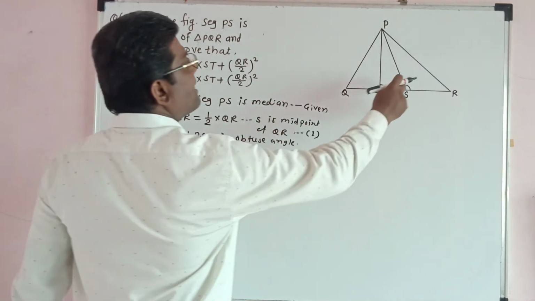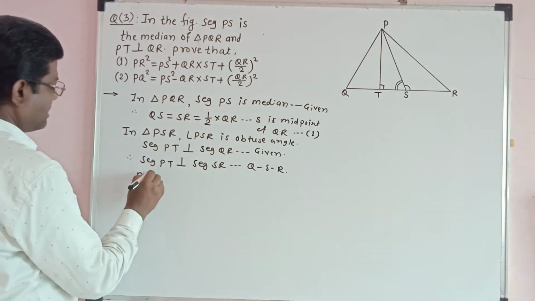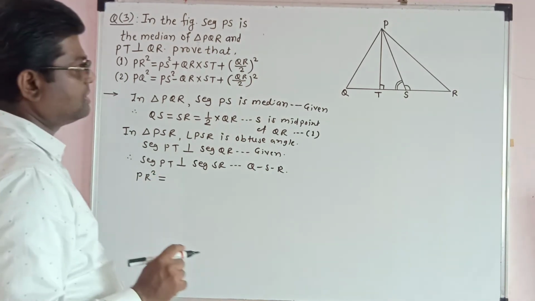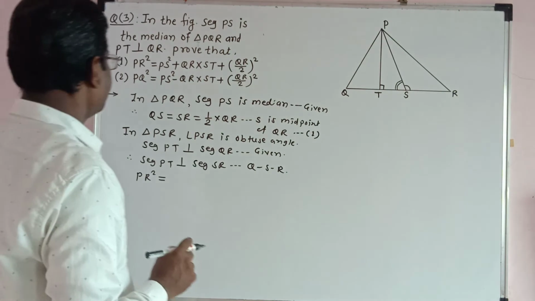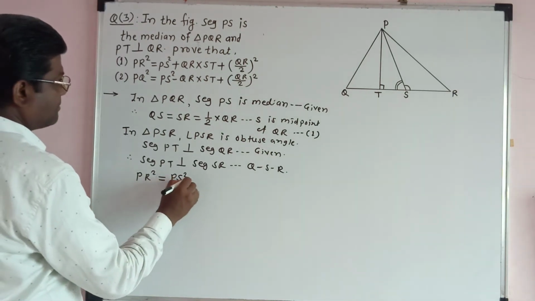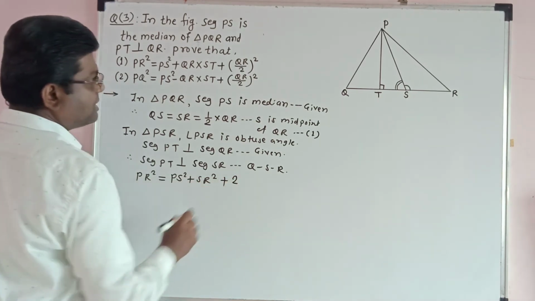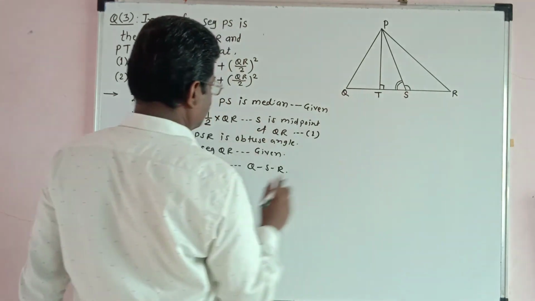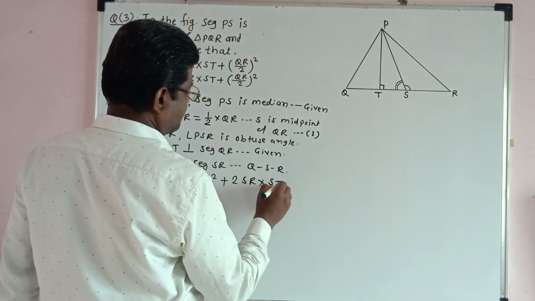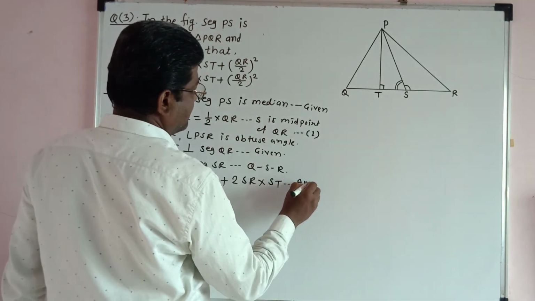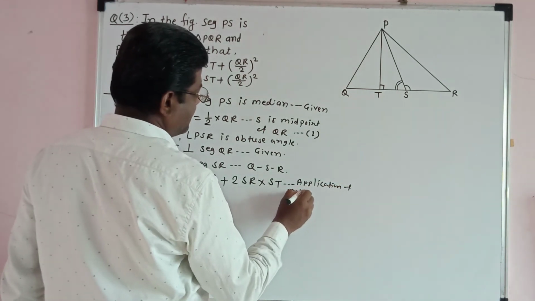Now side opposite to this angle is PR. So PR square is equal to sum of squares of remaining two sides, PS square plus SR square plus 2 into SR into ST. Reason is application of Pythagoras theorem.